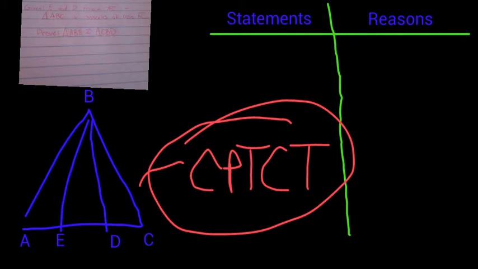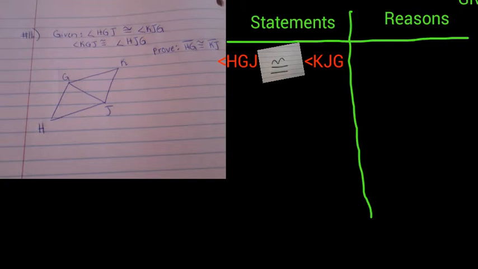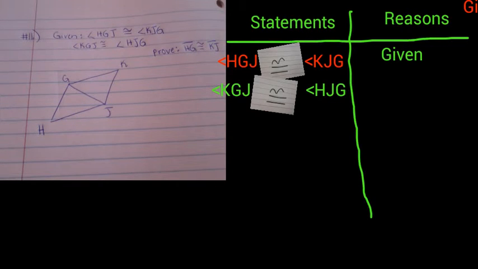Okay, given angle HGJ is congruent to angle KJG, we already know that that is given information. So for reason number one, we're going to put angle HGJ is congruent to angle KJG, which is given. Also, we know that angle KGJ is congruent to angle HJG, which is also going to be given.